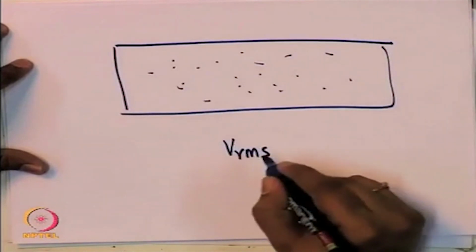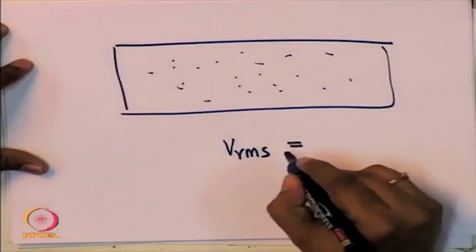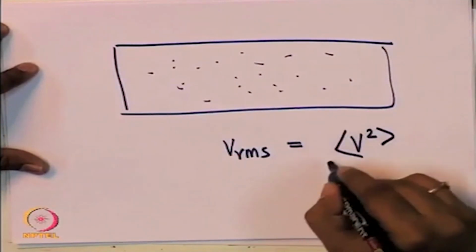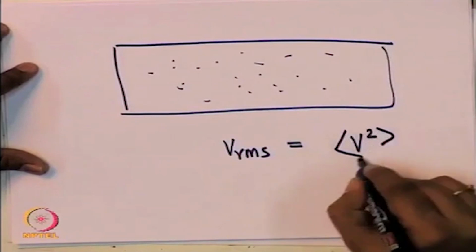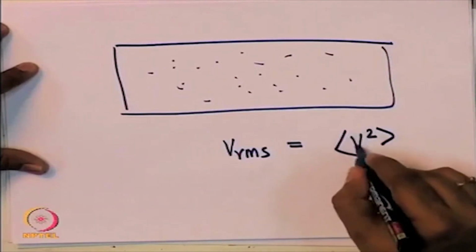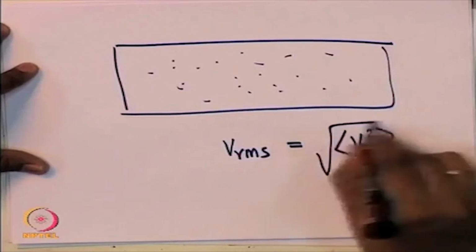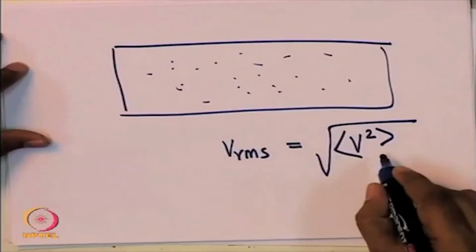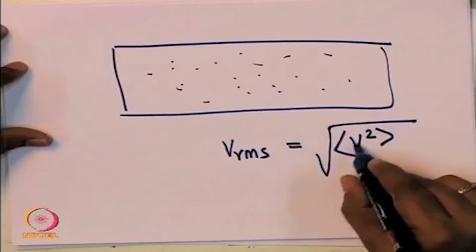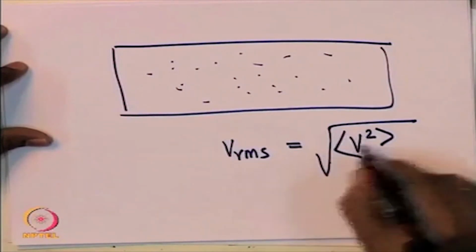We have assigned something called RMS velocity. The definition of this is that V square average, this is the mean square, and then the root. So, this is the definition of RMS velocity: you find the root, mean, square.